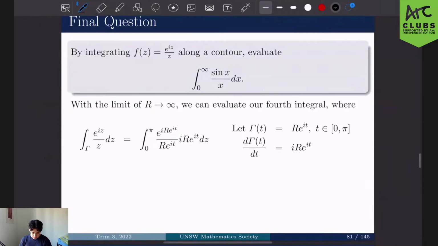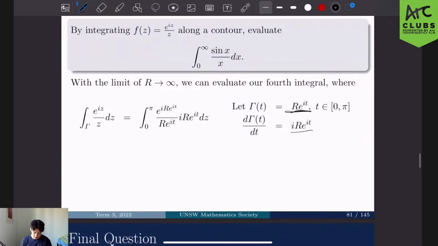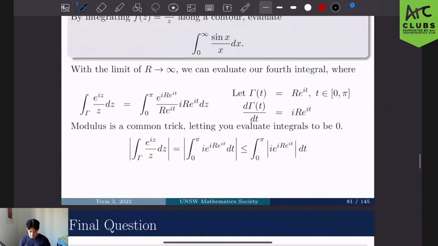The last one here is the big semicircle. We'll parameterize it like this, differentiate, and once again substitute in z as the contour here and multiply by the derivative.